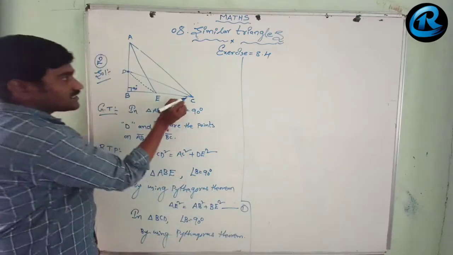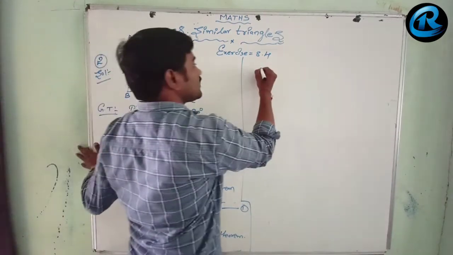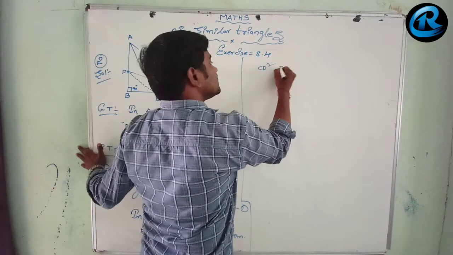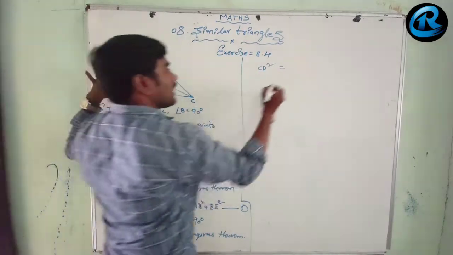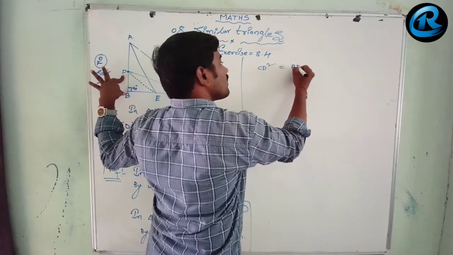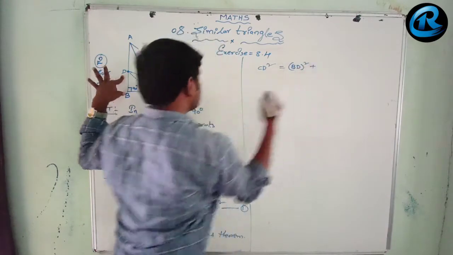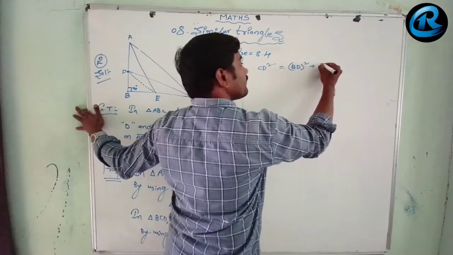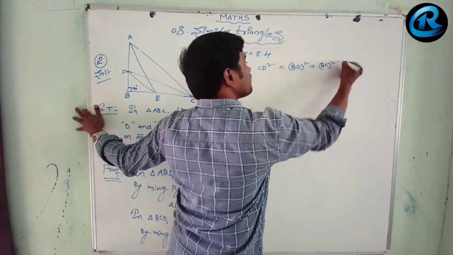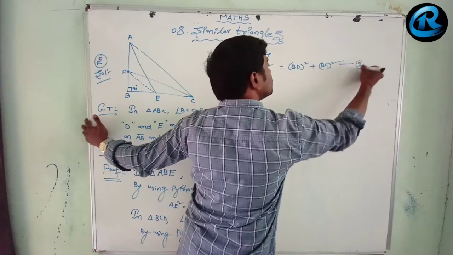See now, here CD square, the square of the hypotenuse, CD square equal to BD square plus BC square. This is equation number 2.